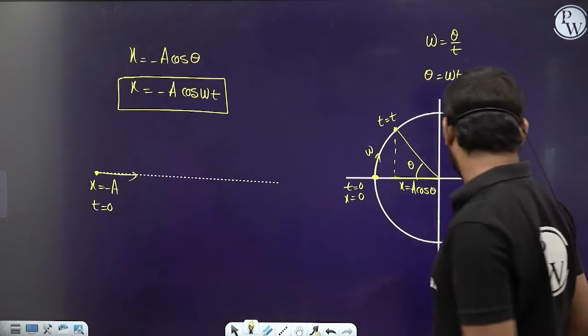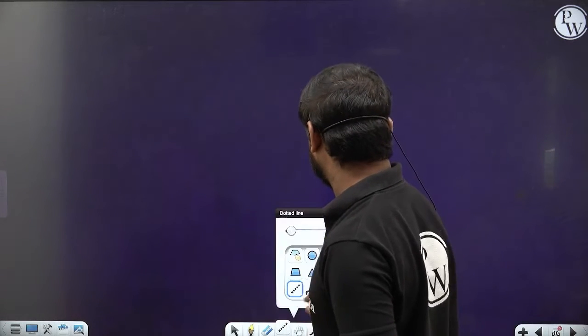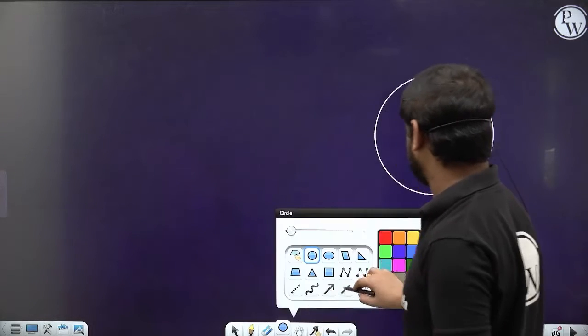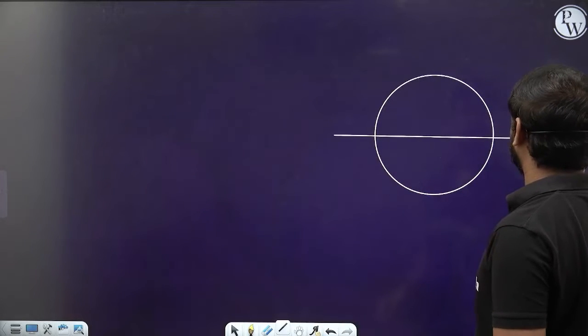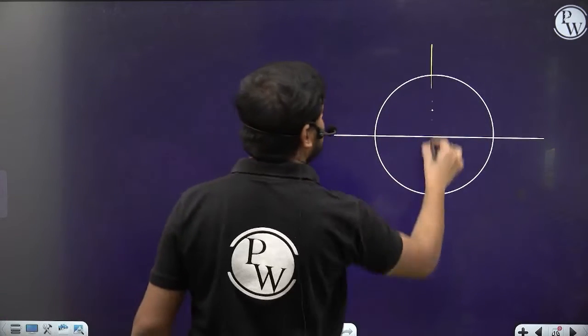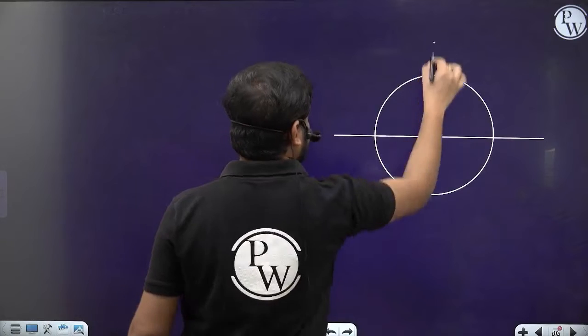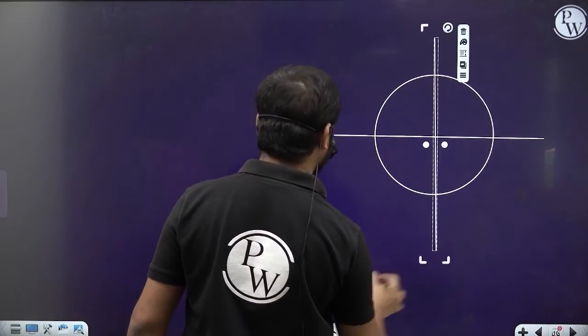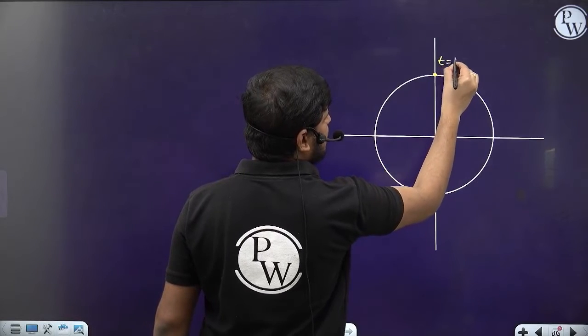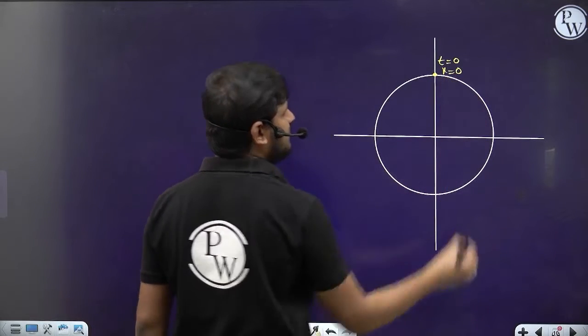So consider, only the horizontal diameter is enough, or let's take the vertical also. See here, let's say at time t equals 0, the particle is starting from this place, the mean position.